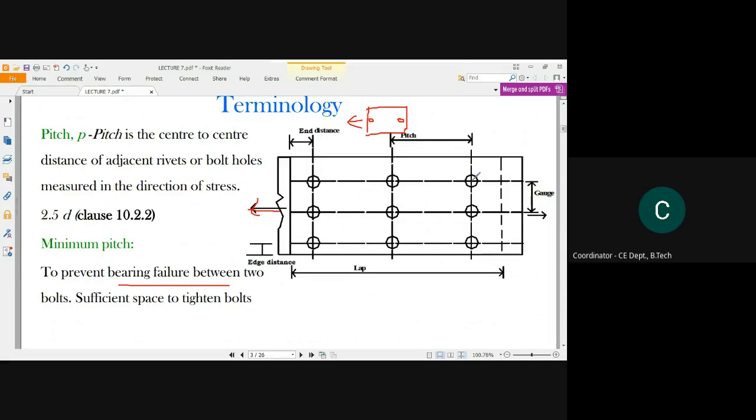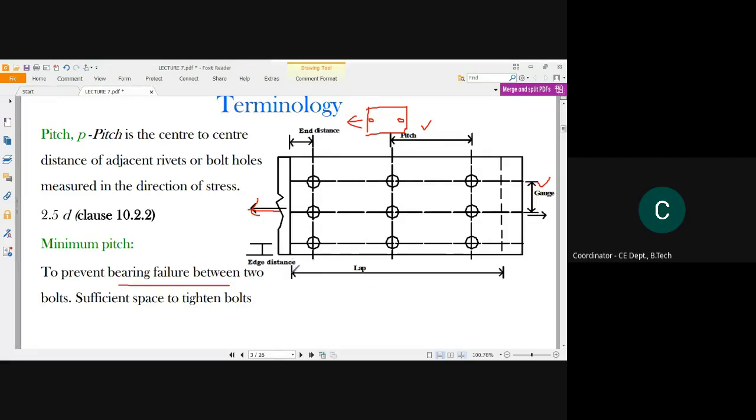It is the center to center distance of bolt holes perpendicular to the stress coming to the member. So the difference between pitch and gauge is that the pitch lies parallel to the direction of the stress, and the gauge distance lies perpendicular to the direction of the stress.